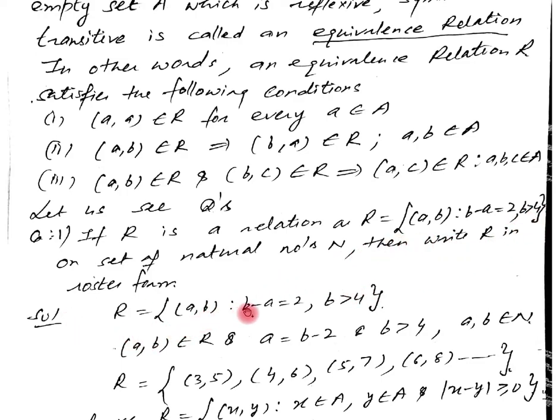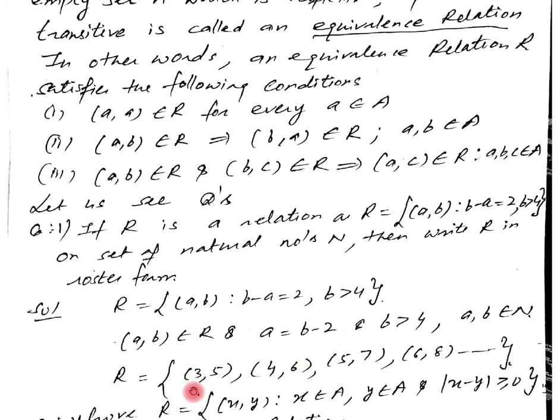Now R equals {(a, b): b minus a equal to 2, b greater than 4}. Since (a, b) belongs to R, a can be written as b minus 2, and b must be greater than or equal to 4. So we have to consider the elements. The first element I have taken is a equal to 3.